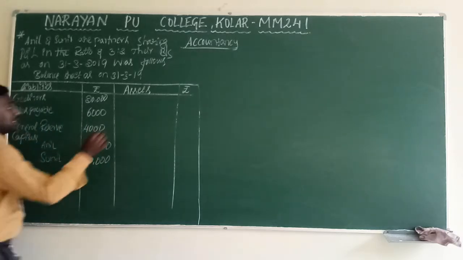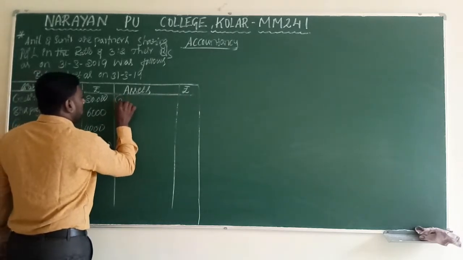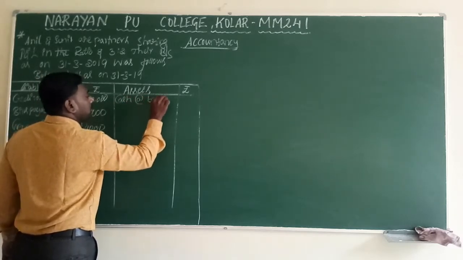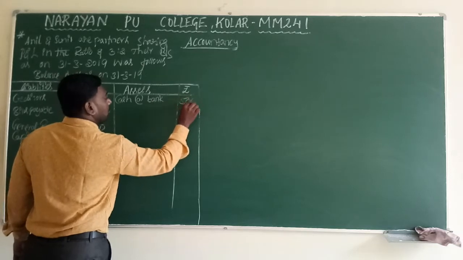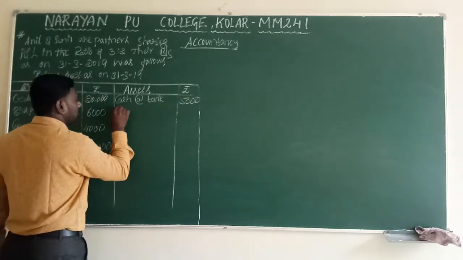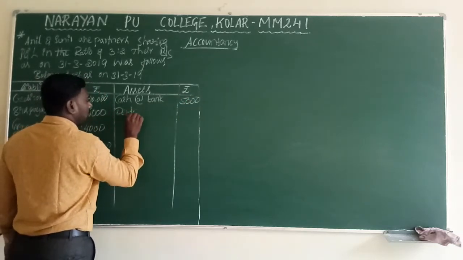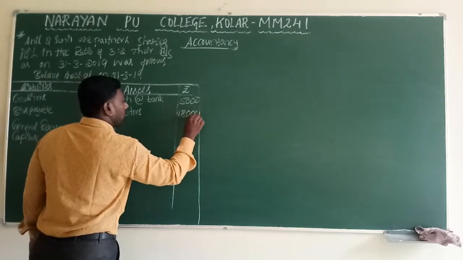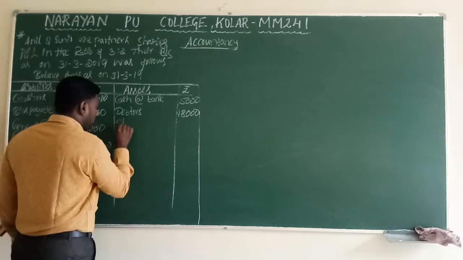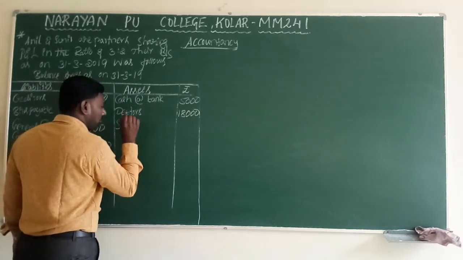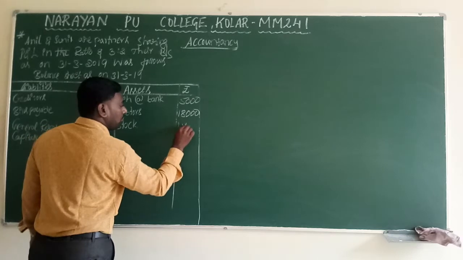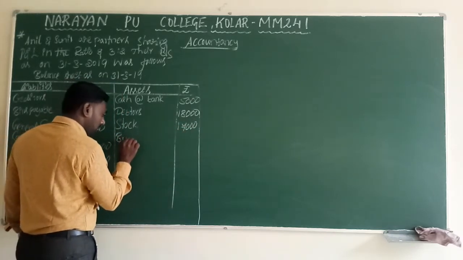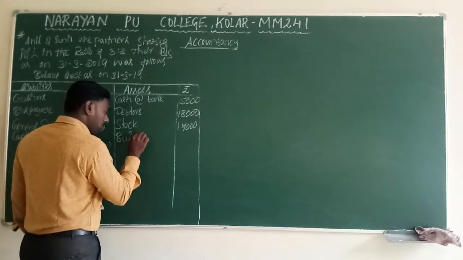Assets next. Cash at bank 5,000. Debtors 18,000. Stock 17,000. Buildings 30,000.